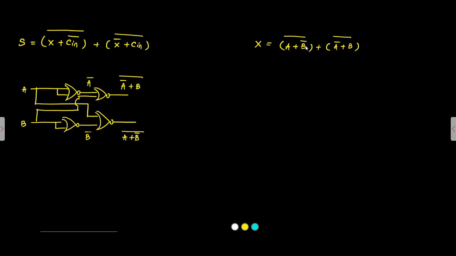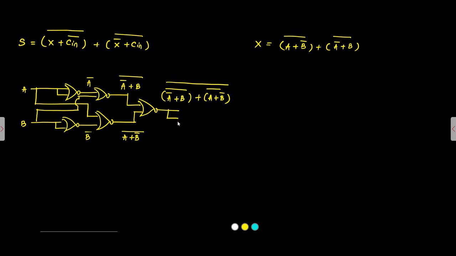Then we need the sum of these two. So how will we get it? We'll add them first together. The result will be (A bar or B) complement or (A or B bar) complement, then whole complement, because it is NOR.